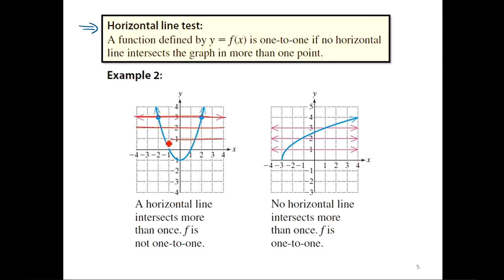If any horizontal line intersects the graph at more than 1 point, then this is not one-to-one. Look at another graph. We put many horizontal lines, and each horizontal line intersects the graph at 1 point. So this is a one-to-one function.